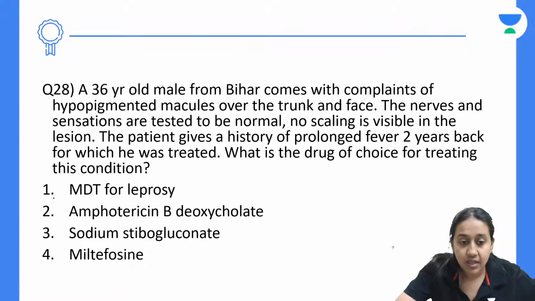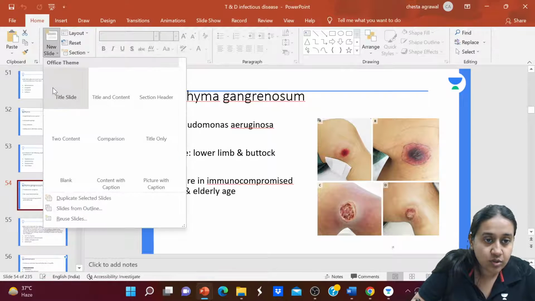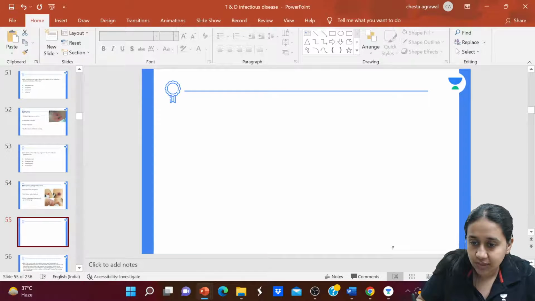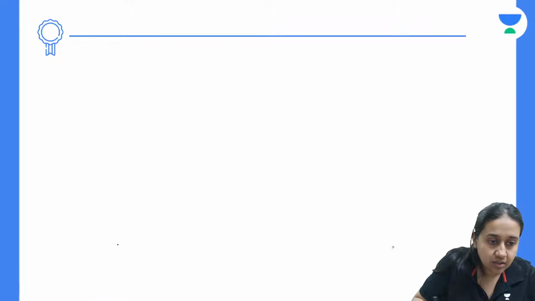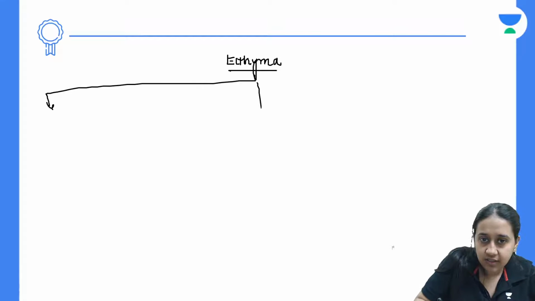Clear? Next question. So one thing I just wanted to mention here, that we have total 3 types of ecthymas. I want all my students to write it down. In dermatology, you will be hearing about ecthymas under 3 headings.